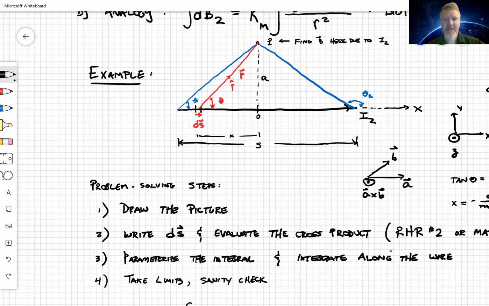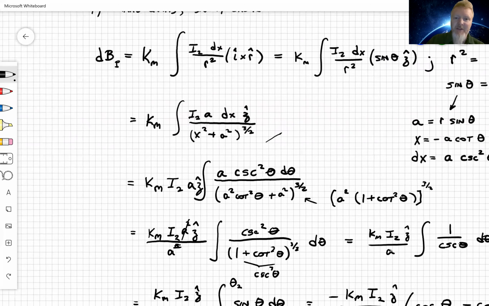And the blue line is going to become on top of the black wire line in the drawing. So theta 1 is going to go to 0. It's going to be so far away out there that theta 1 is basically 0. And then theta 2 is going to become 180.